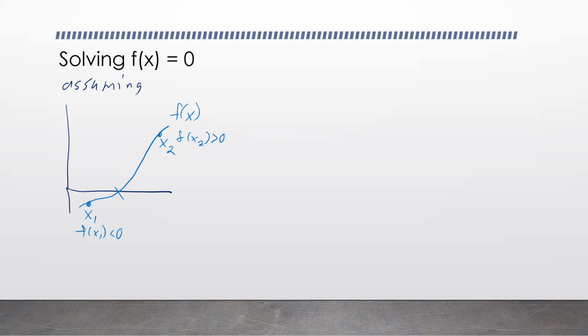It works if it goes the other way too. As long as one of them is less than 0 and the other is greater than 0, this method will work.